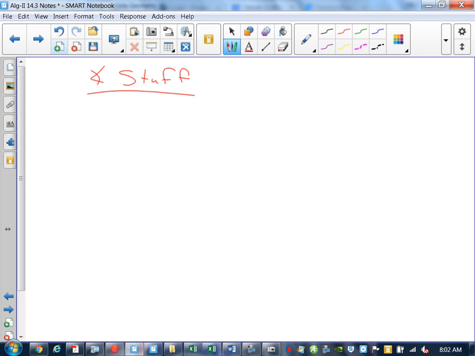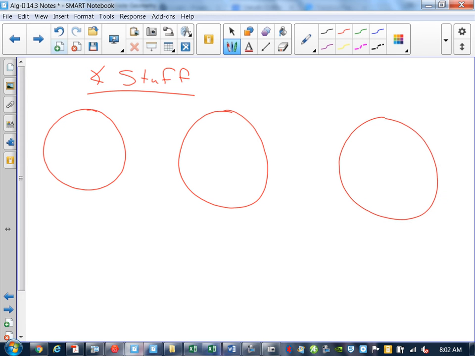10-5 had all the angle stuff. Outside, inside, on. This is where we dealt with angles if they hit outside, inside, or on the circle.